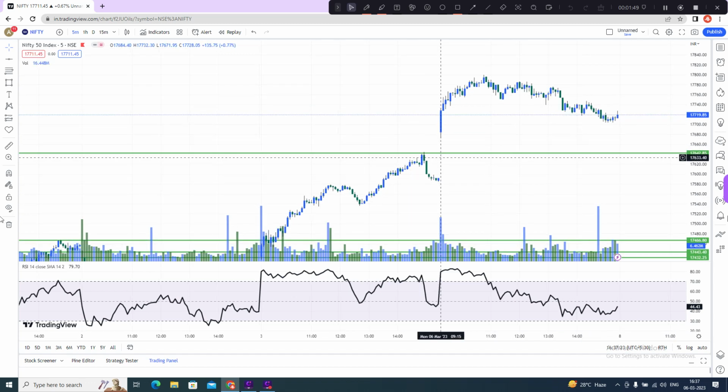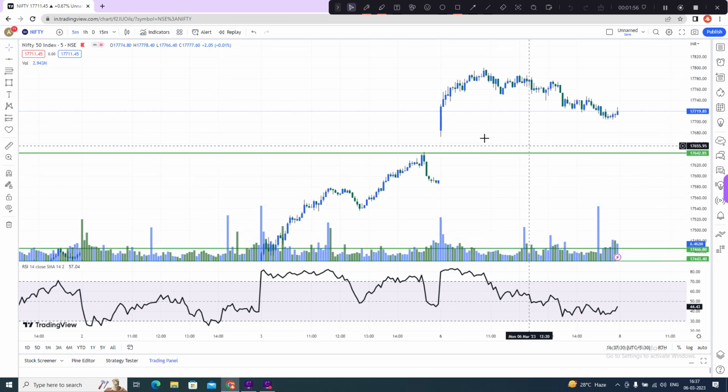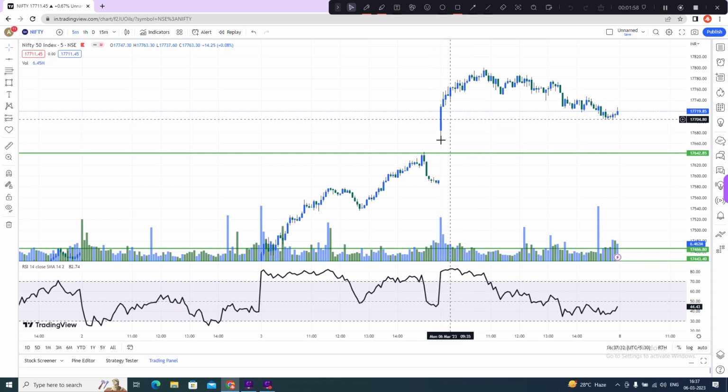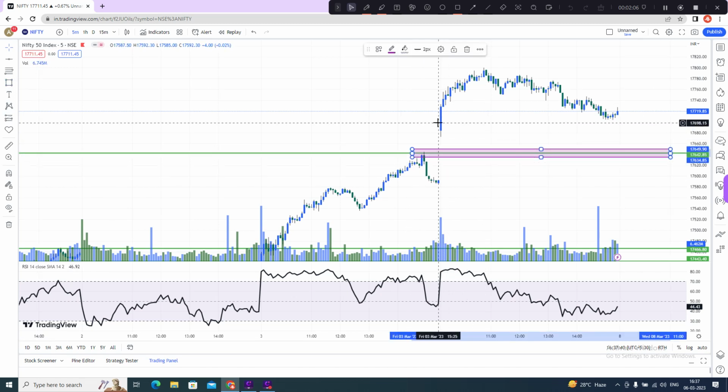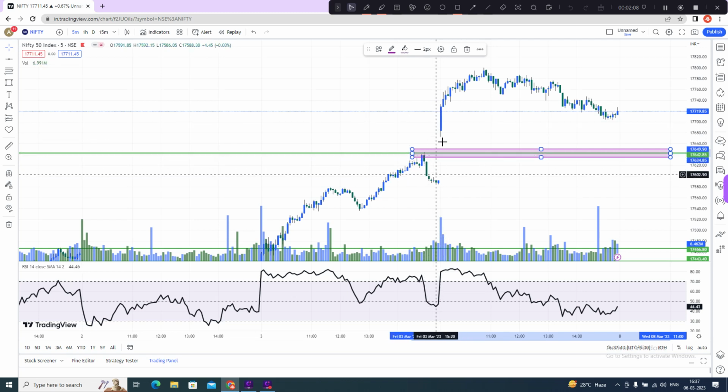So today what happened was that price opened gap up of this resistance zone. So whenever price breaks a resistance zone, it becomes a support. So this is our zone. Price opened with a gap up. Now this resistance has turned into a support.